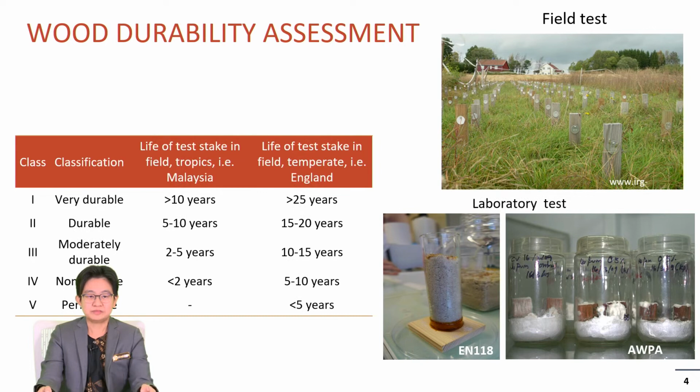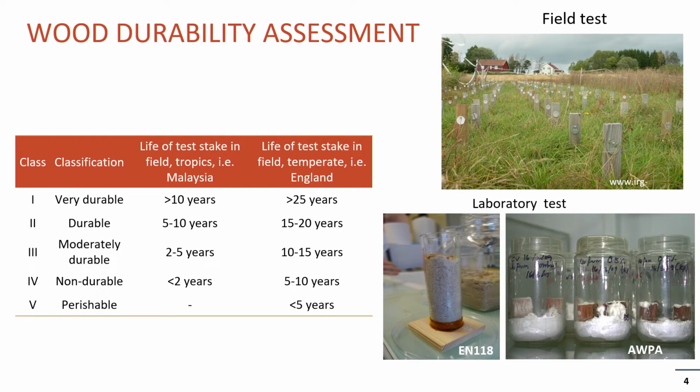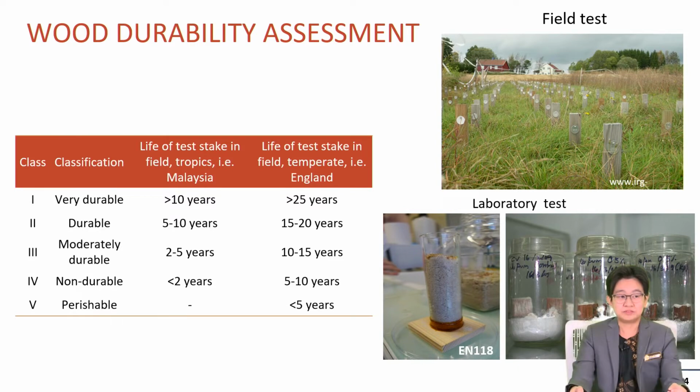Based on the results of this test, we can assess the visual rating as well as the weight loss, and the classification will be given from class 1 to class 5, from very durable to perishable.